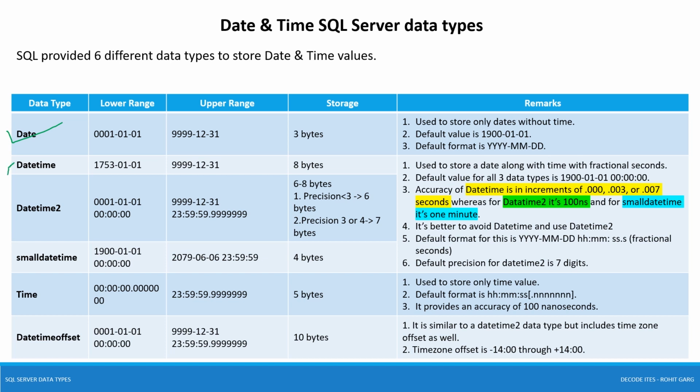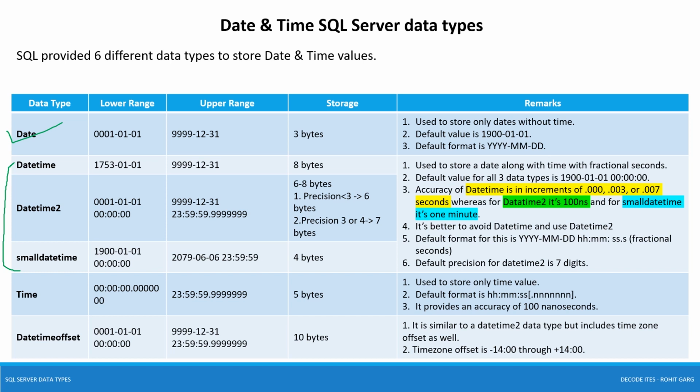Next are datetime, datetime2, and smalldatetime. These three are similar data types used to store date along with time with fractional seconds. The default value of all three data types is 1900-01-01 00:00:00 seconds. Accuracy of datetime is 3.33 milliseconds.